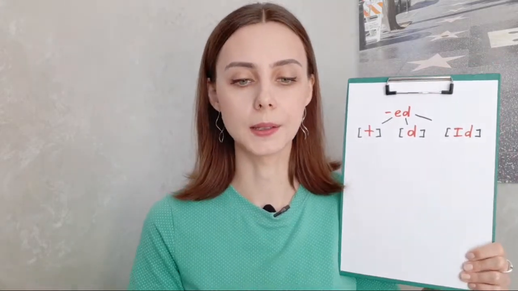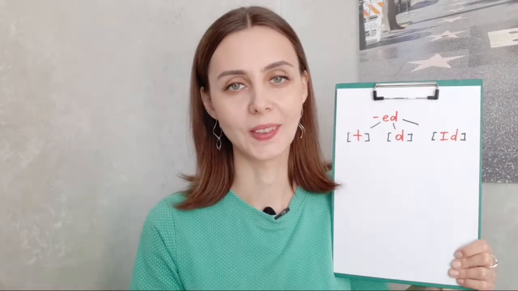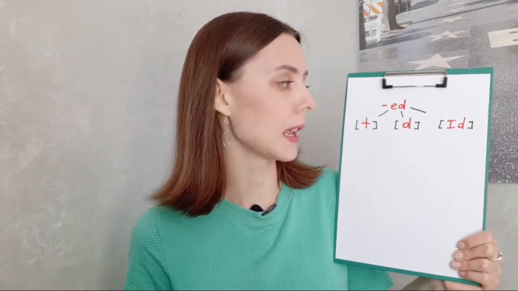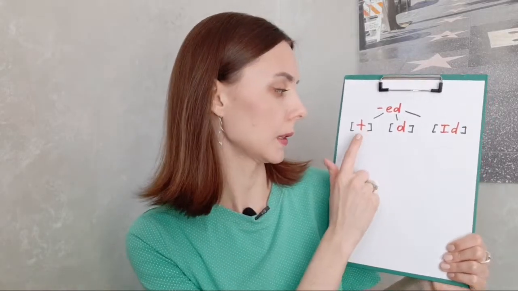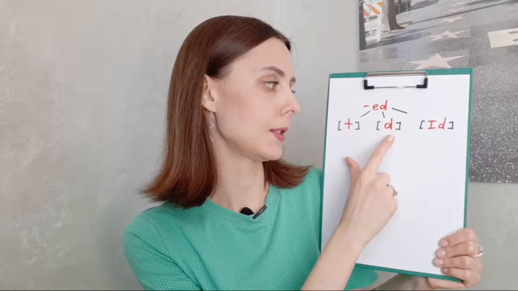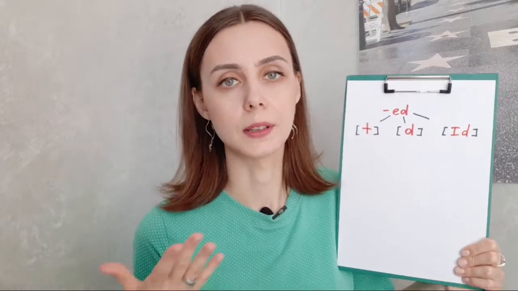All right, guys, so now we're going to practice a bit, and this is going to be a little quiz for you. We can pronounce ending ed in 3 different ways: as t, as d, and as id sounds. Very simple as well.